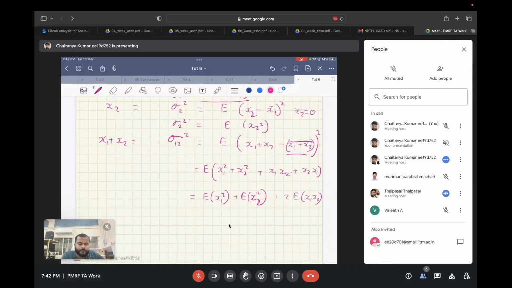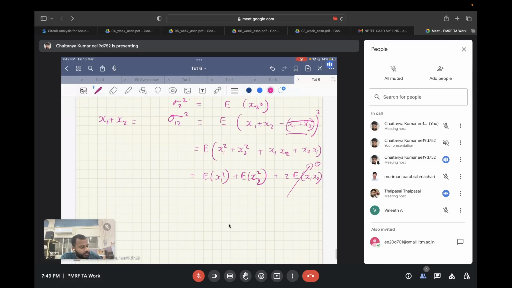Yes, sir. If there is a correlation, that expectation of x1 x2 will be present. If they are uncorrelated, this part will be zero. Exactly, sir. So the variance of the summation is the variance of one plus the variance of the second part, right? Exactly, sir.